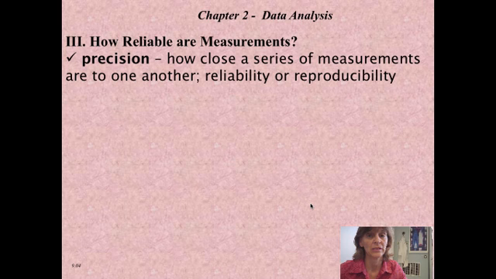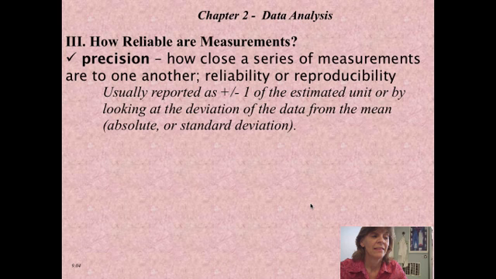If we're looking at measurements, we really care in chemistry about both precision and accuracy. Precision is how close the series of measurements are to one another, if they're reliable, if they're reproducible. That's usually reported as that deviation we saw in our measurement lab, plus or minus some part of the estimated unit when you're looking at the measurement scale.